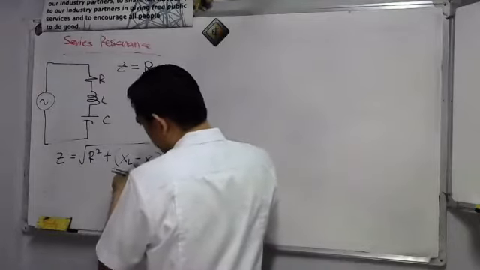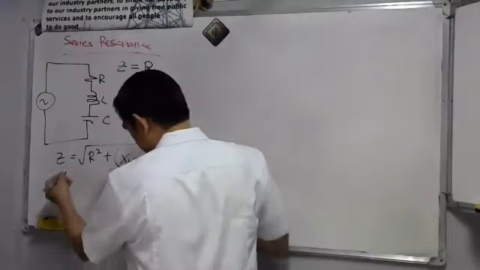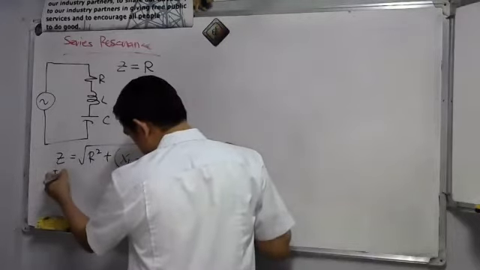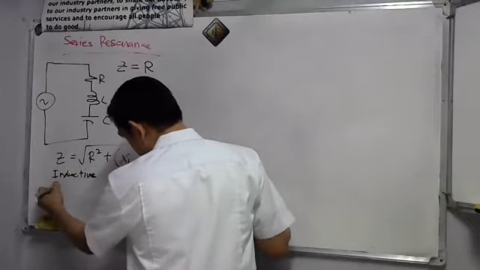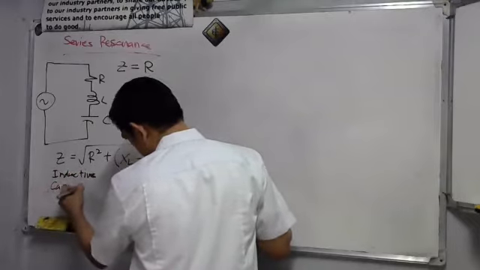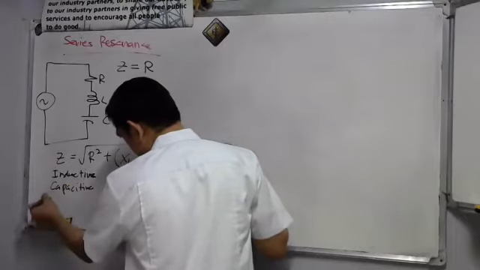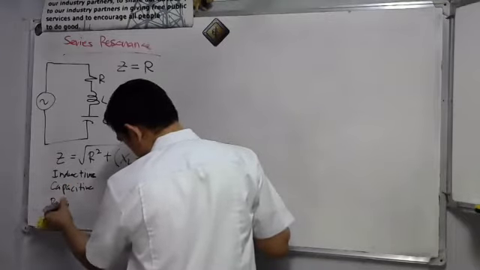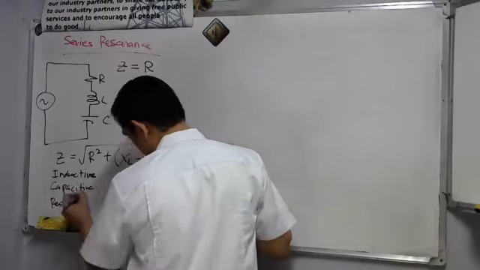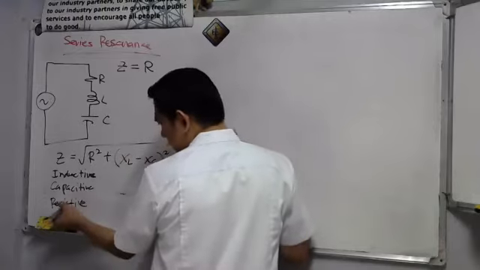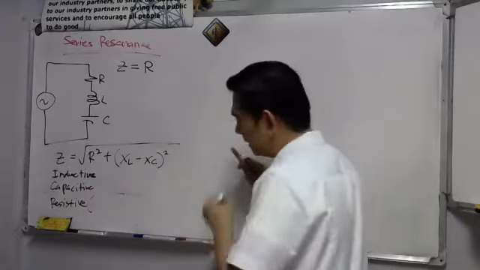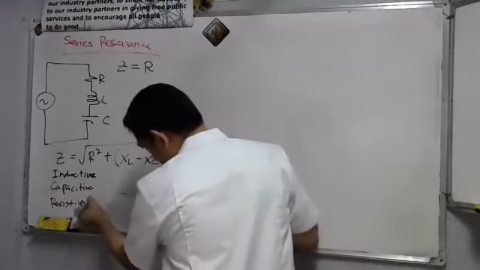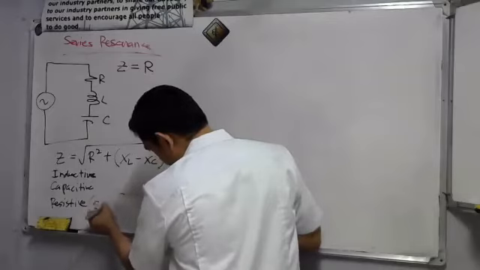So it can be inductive, it can be capacitive, and it can be resistive. Resistive, meaning our circuit will be at resonance.